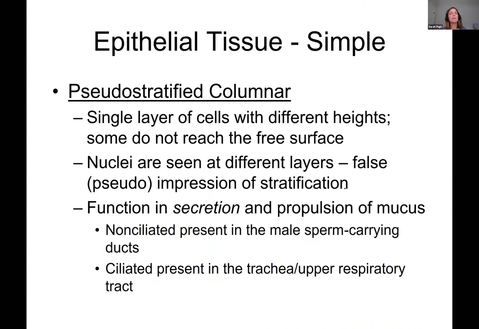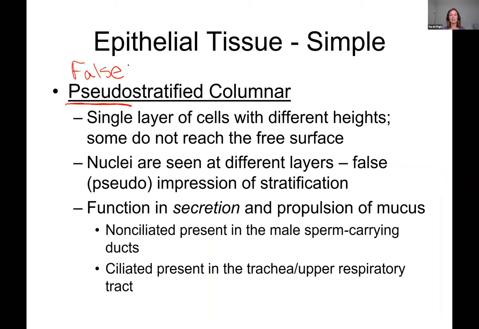Now, there is one more type of simple epithelium that I want to walk you through, called pseudostratified columnar epithelial tissue. This prefix pseudo means false, right? So pseudostratified means it's falsely stratified.